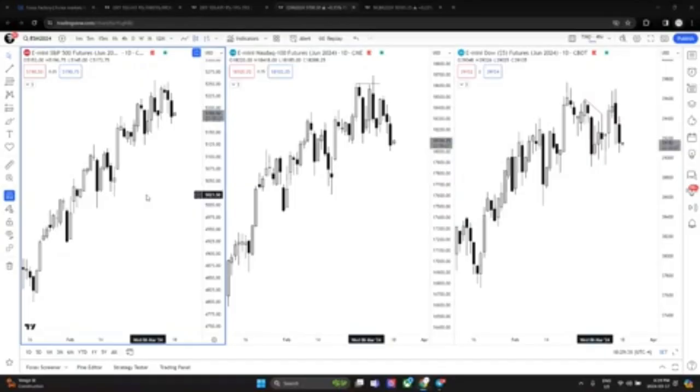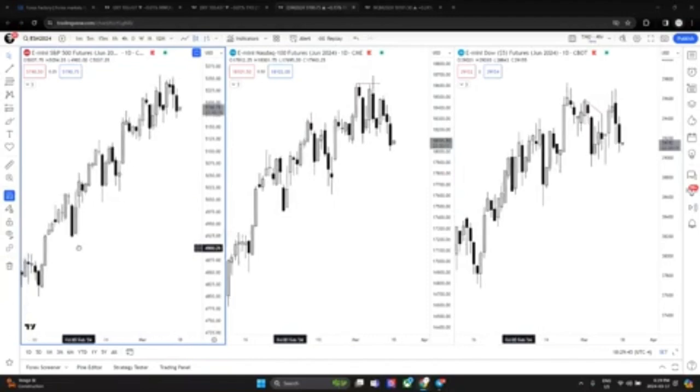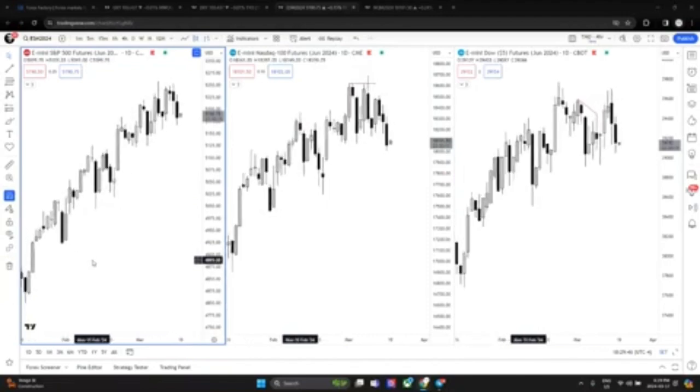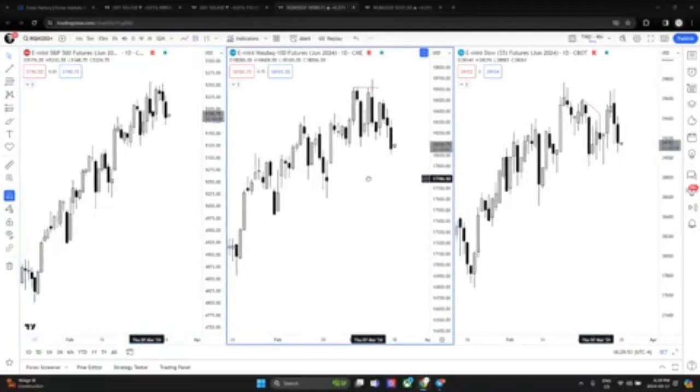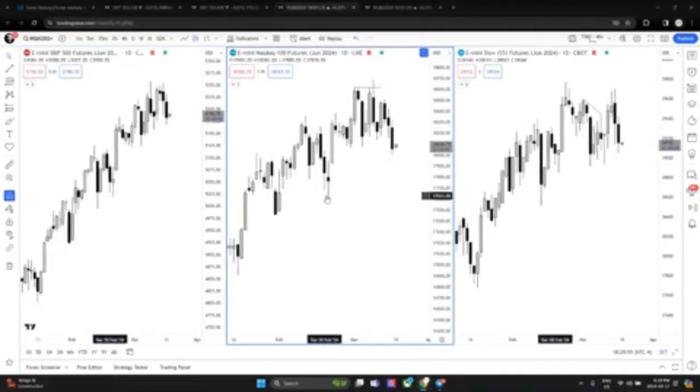You can see that the S&P has been grinding literally diagonally for the last few months, right? You can see the Nasdaq is way closer to this low than S&P is to this low.